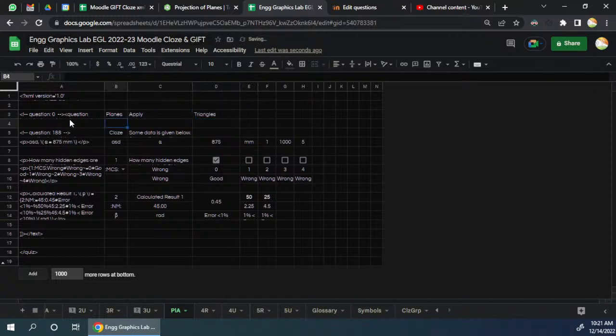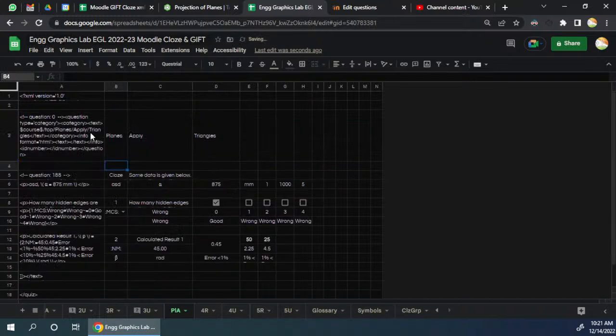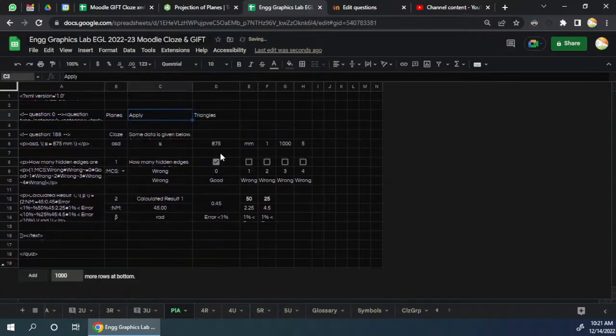All right, let's see if that code has been applied over here. So planes, apply, triangles. Yeah, the code has been applied. So this will choose the category where this question is added, and then we just need to choose the question type, of course cloze, and this is where a question has to appear.